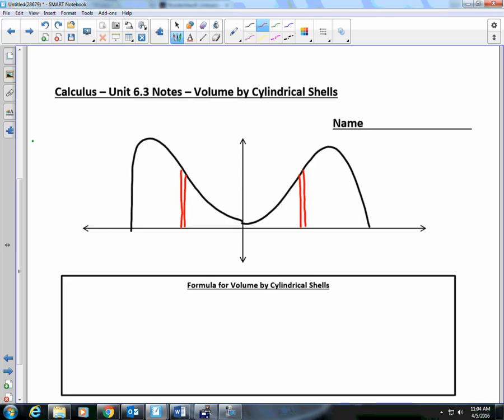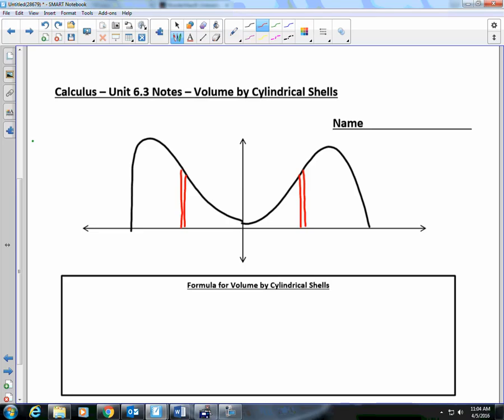You get a shell. Kind of like if you've ever shot a gun and there's a casing or a bullet that comes out, right? The casing for the bullet, and maybe the top doesn't have a cover on it, the bottom does, right? And so if you slice the bottom off, you would get that shell casing. It would have nothing on the top or the bottom. Or say, for example, you open up a soup can, and let's say you cut off the top and you cut off the bottom as well.